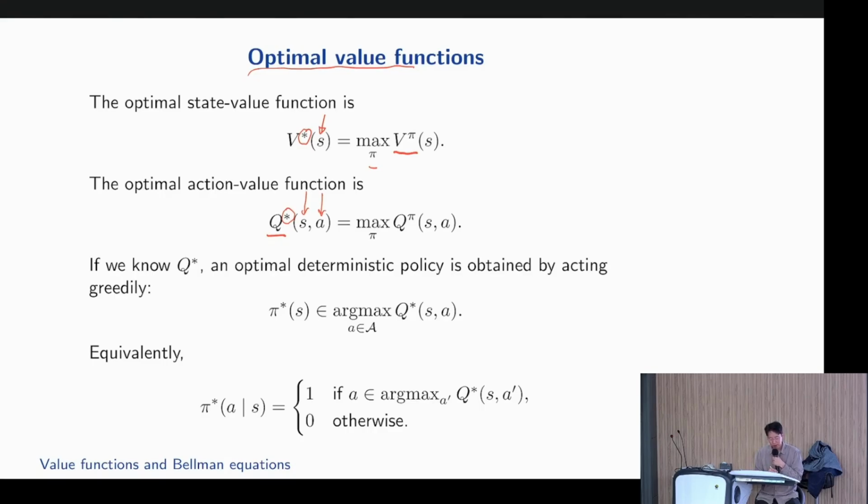So if we know Q star, the optimal deterministic policy is obtained by acting greedily according to the Q star. So if we have Q star, we immediately have pi star because at a given state, we can insert all actions and see which one has the highest Q value.